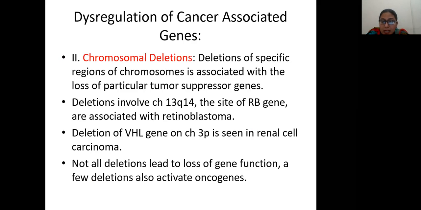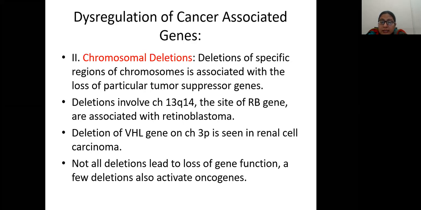Whenever there is a loss of function of a tumor suppressor gene, then there is a development of a malignancy. Okay, so deletion involving chromosome 13 at the site of retinoblastoma gene, as we discussed yesterday, that the RB gene is an example of a tumor suppressor gene.